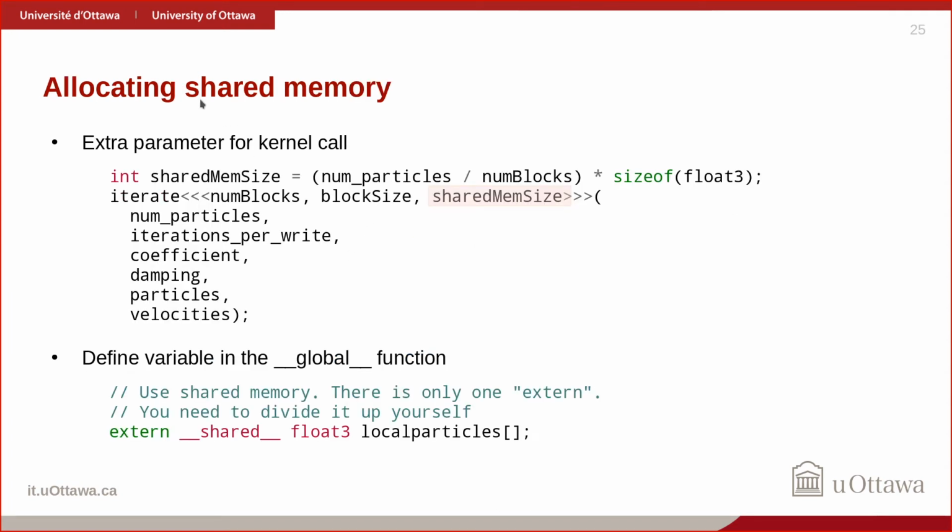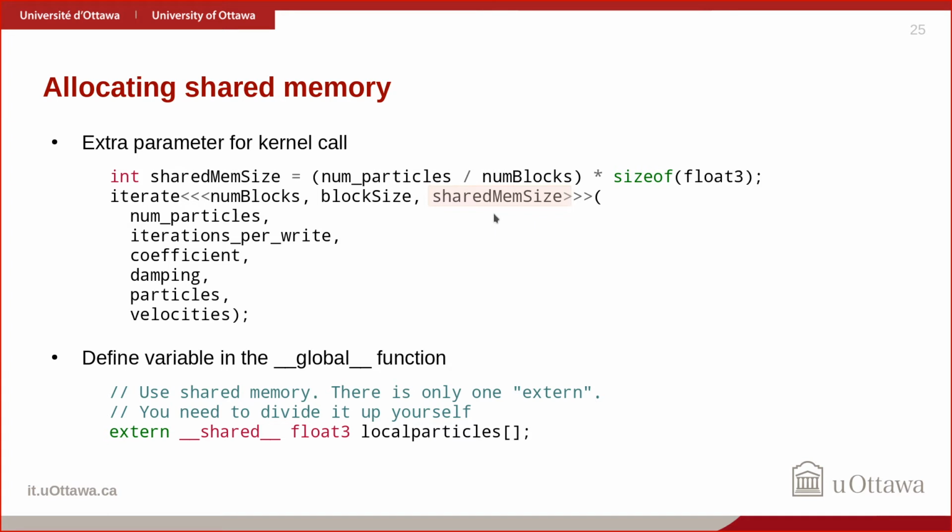And to use shared memory, we need to change our kernel call. Before we had iterate<<<num_blocks, block_size>>>, and that's all we had. But now we're going to use shared memory. We also have to give it a third parameter called shared memory size.